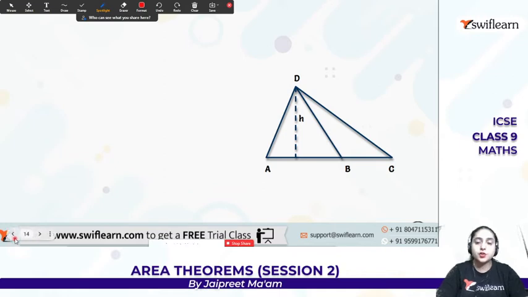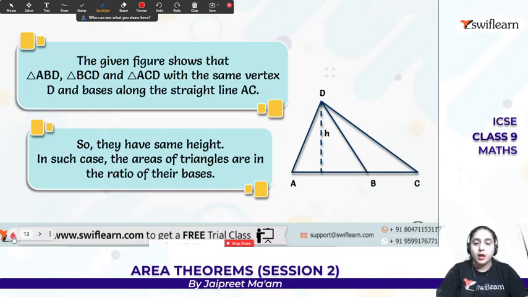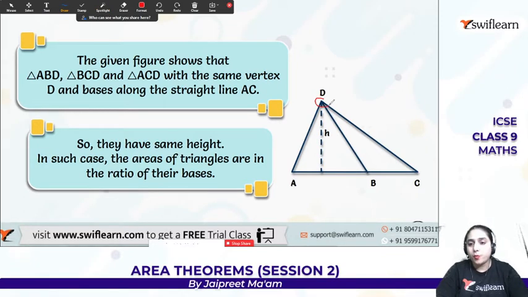So these are the three triangles. And what is the main thing with the same vertex? What is the vertex here? Do you know what a vertex is? Yes, where two sides join at a point, that is called the vertex.